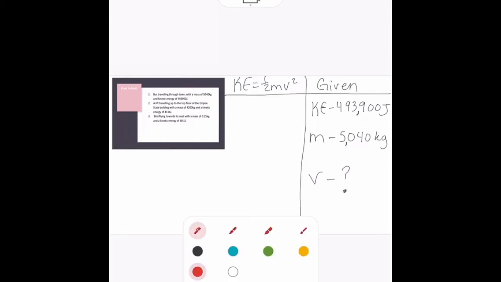So I'm gonna change the color because why not? So my kinetic energy, KE, 493,900 equals 0.5 because that's 1/2. And my M is 5,040 kilograms.